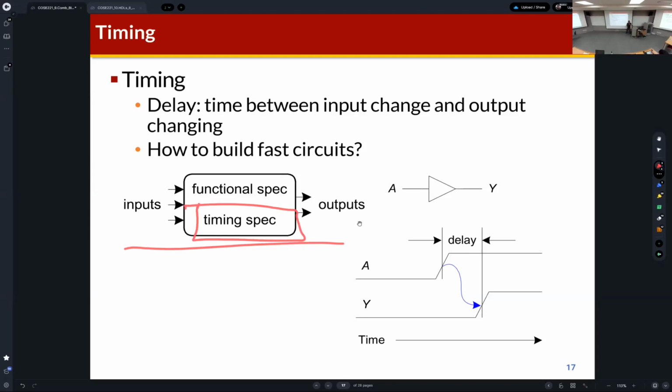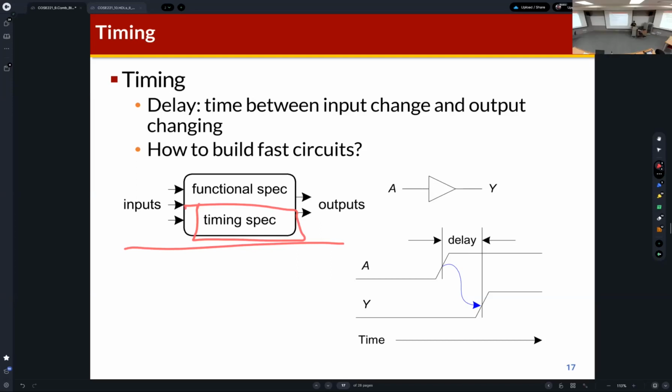I did not explain the timing specification yet, but when we define a combinational logic, we also need to consider time, which means the delay of combinational logic. So what does that mean? I repeatedly say that this is logic, but the hardware works in the real world, and the real world includes time, right?